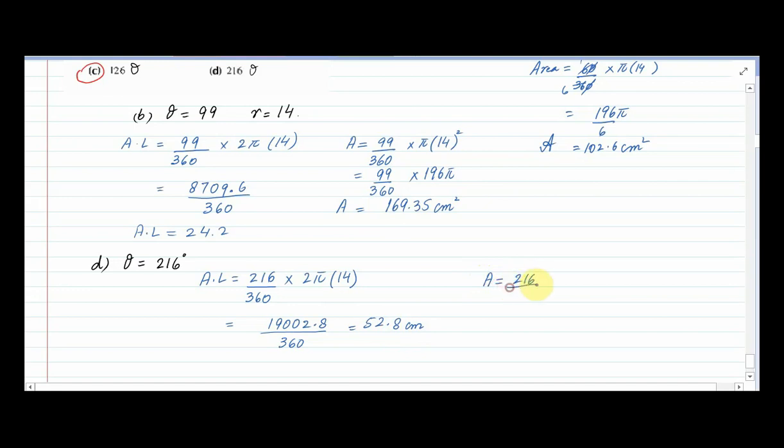After arc length, we need to find area. Angle divided by 360 multiplied by pi r square. So 14 square is 196 pi.